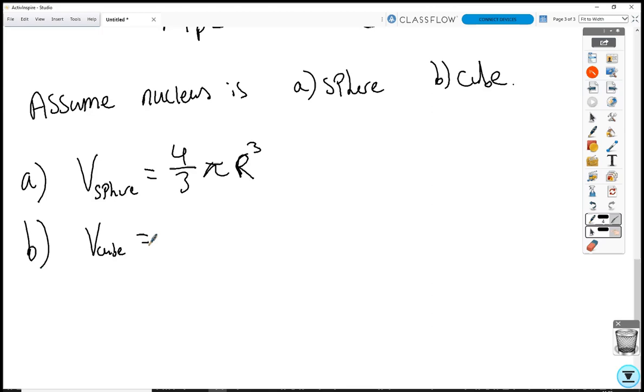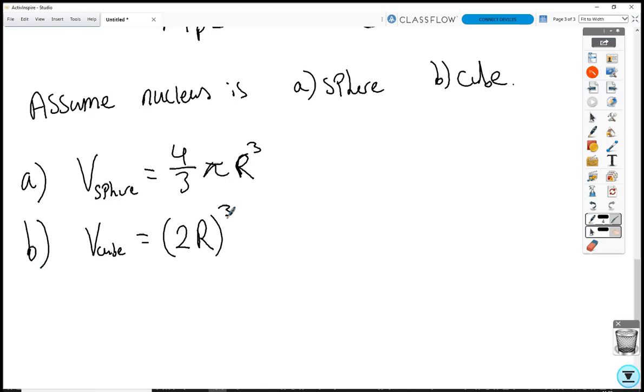So it's going to be 2 capital R, all cubed. Now, if we did that, we get 2 cubed. 2 times 2 is 4. Times by 2 again, 8. So that will give us 8R cubed.